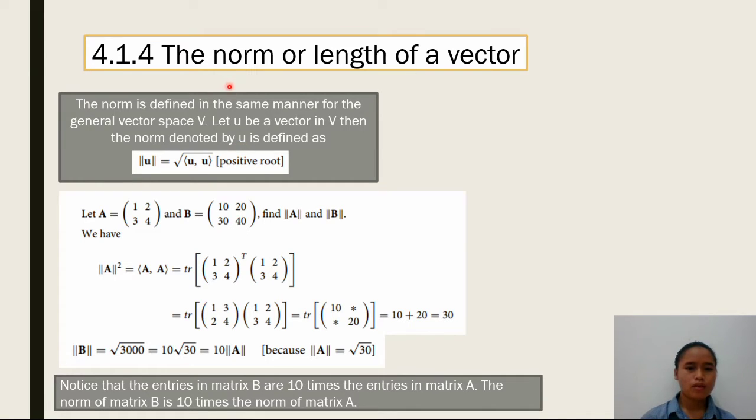The norm, or length, of a vector. The norm is defined in the same manner for a general vector space V, as the positive root of the inner product. For example, we have A and B, and we take the root of the inner products.